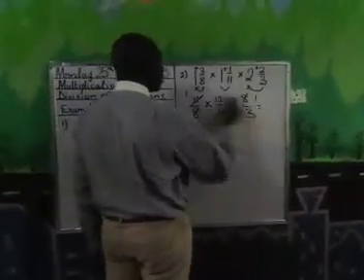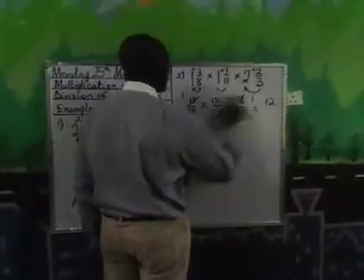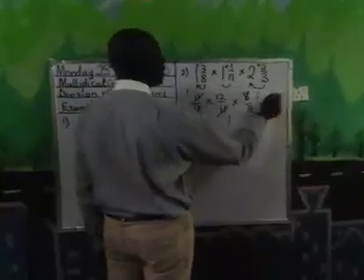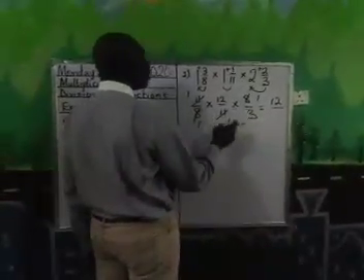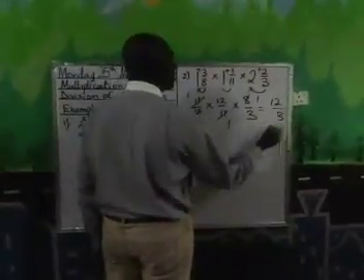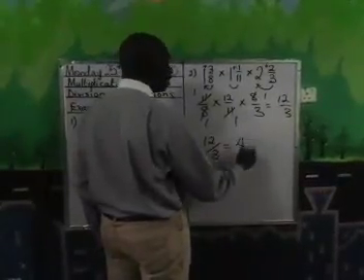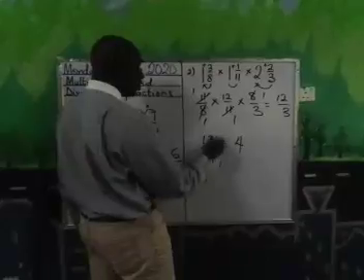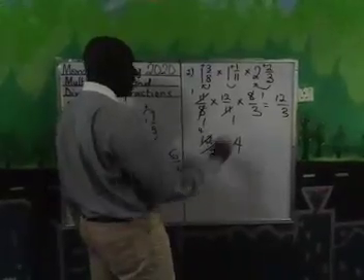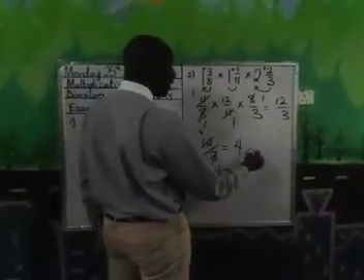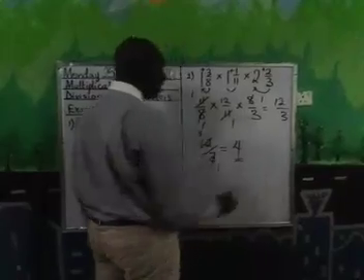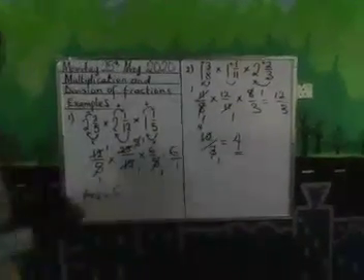So you are left with 1 times 12 times 1. That's 12. And 1 times 1 times 3 is 3. So 12 divided by 3 gives us 4. So 3 here 1, 3 here 4. And any number divided by 1 is still the same thing. So our answer is 4.